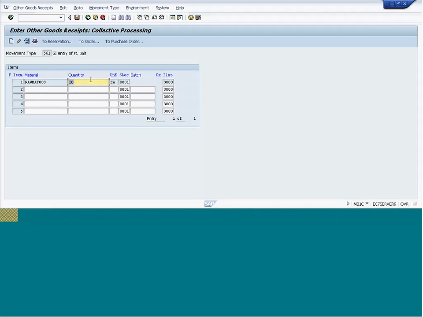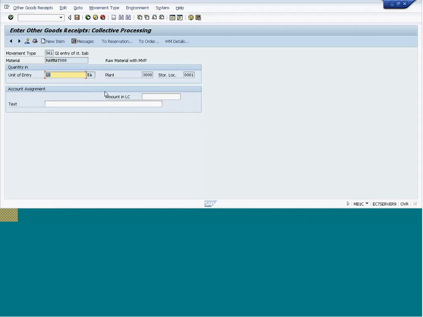If I enter right now like this, because the system does not know any price, it does not even take any price. The accounting document will not even be created, because there is no price and you are just taking the inventory. So I'm double clicking and putting a price for 10. Let's say I'm putting $1,000 as a value for that.